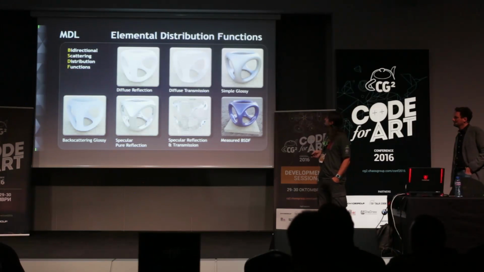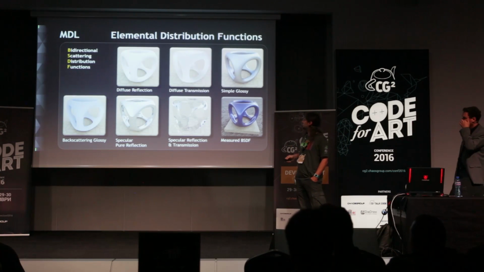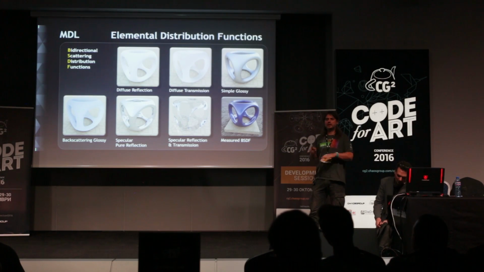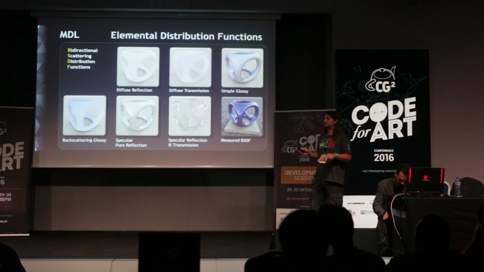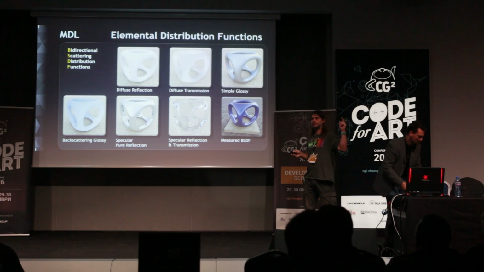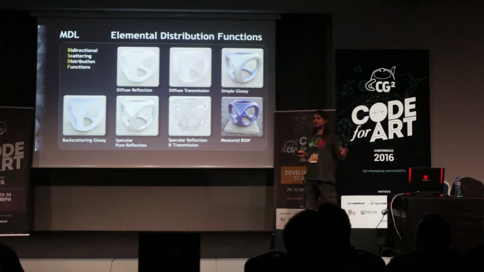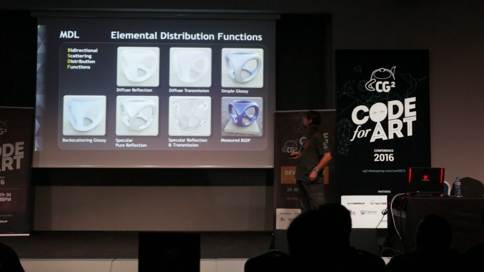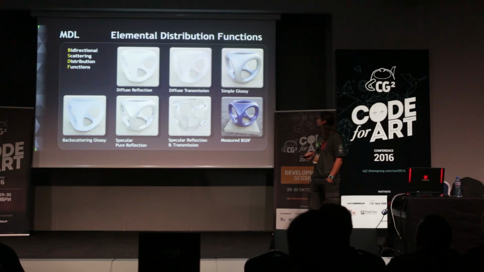Then we have glossy, but let's go for the specular first. Specular interactions are essentially mirror-like. You have a completely flat, ideal surface, and you have a perfect reflection. If a light particle hits the surface, the outgoing angle is the mirror of the incoming angle, and you get mirror-like effects. We have the same for transmission, entering the volume, just getting refracted and continuing its way through the volume.